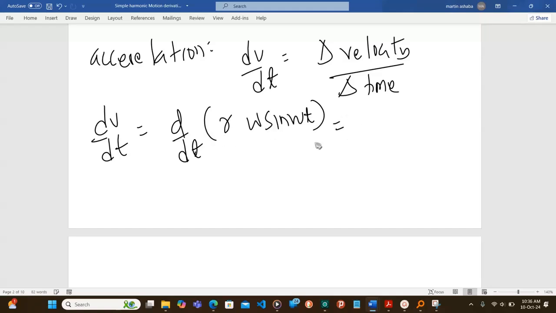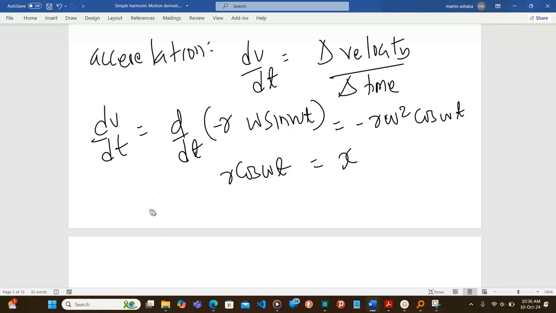If I take now the negative that was there, I'll have negative r omega squared cos omega t. But r cos omega t is the same as x.